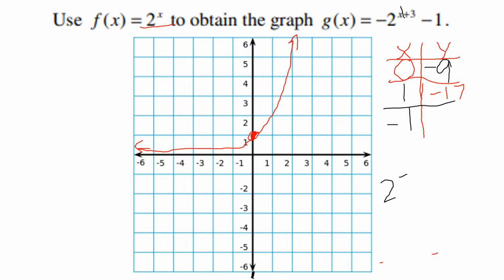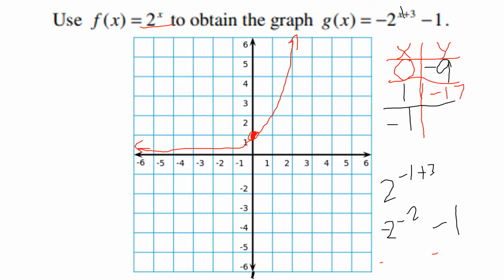2 to the negative first power plus 3, which we know is 2 to the power of negative 2, minus 1. So let's go ahead and work this out. So I know you think, oh, two negatives make a positive, but guess what?